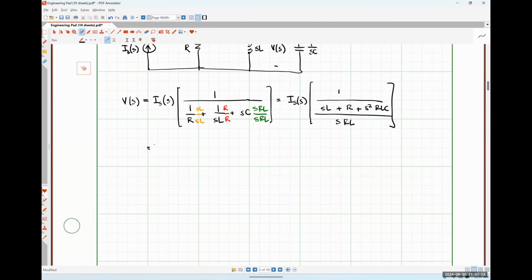That will come out to be IS of S times SRL over S squared RLC plus, sorry, that shouldn't be R sub L like that. That should be SR times L, over S squared RLC, SL plus R.